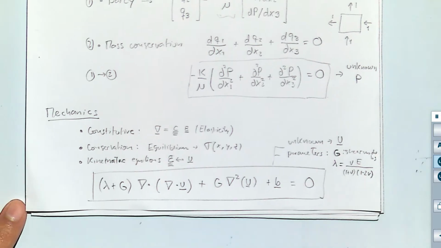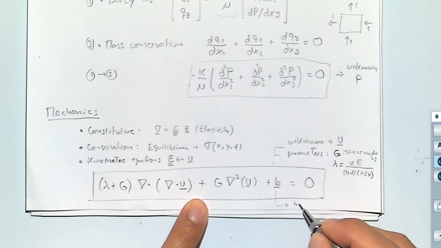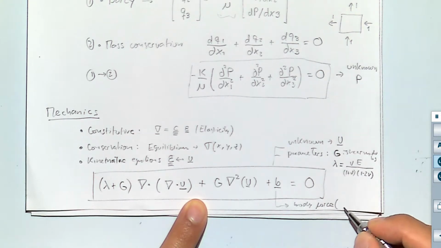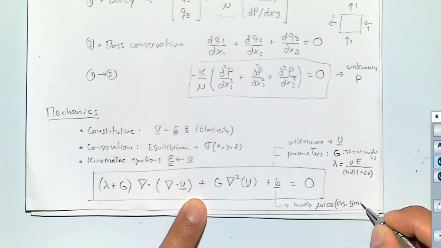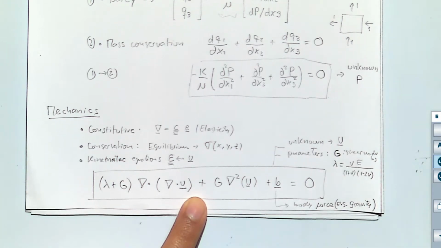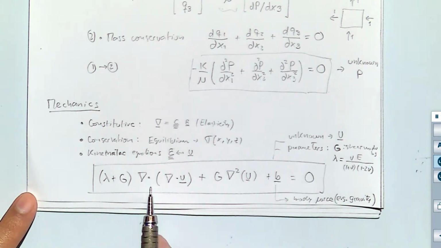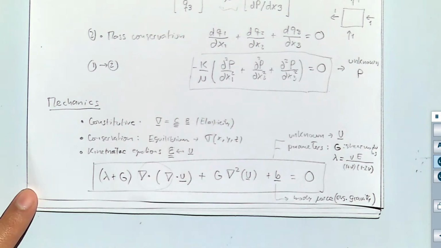And B, this is a body force, for example, gravity. And the only thing left that we need to explain is what these triangles are. Anyone knows what these triangles are?